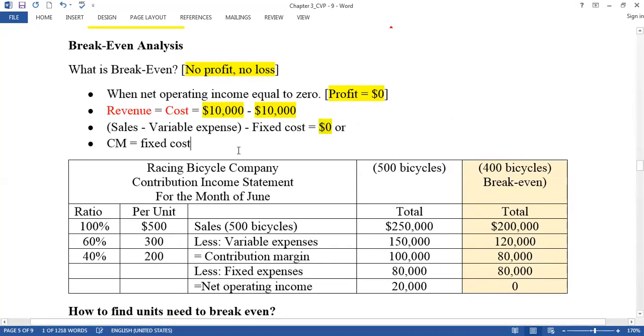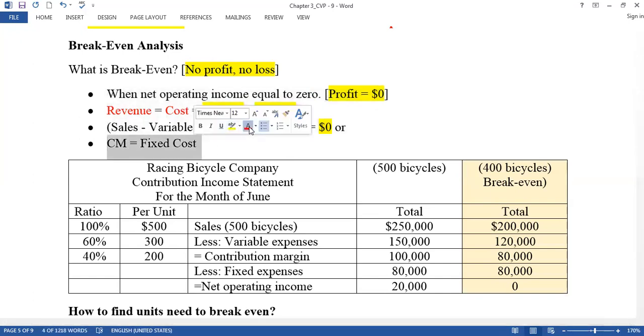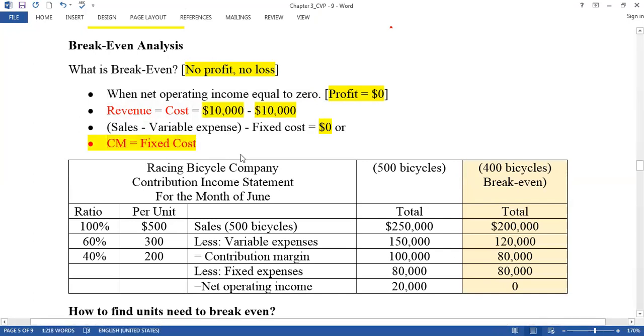We can define break even in another formula, contribution margin. Look at here, contribution margin equals fixed cost. So in this chapter, although we have several formulas to check whether we have break even or not, we are only going to use this one, contribution margin equals fixed cost.